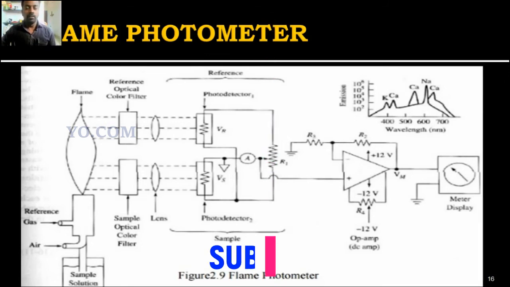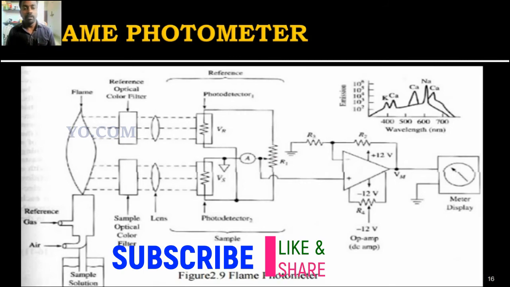Why the name flame? Here we are using the flame as the light source. The light source is produced by gases, so gas is used to produce light. The light passes through two different filters. One filter is a reference, another one is for the sample.